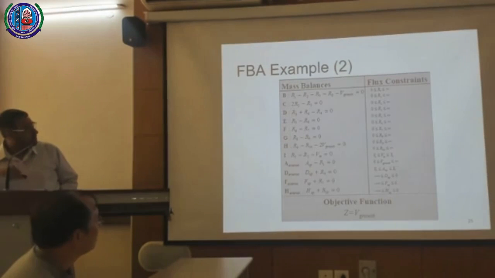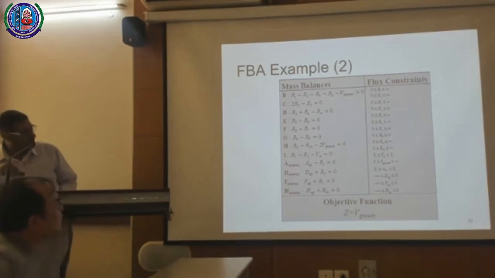Now this is the mass balance and this is the flux constraint. You will be asked to generate the mass balance and flux constraint, then the objective function, and then Z equals growth. Hence you can have this calculated for your metabolite.